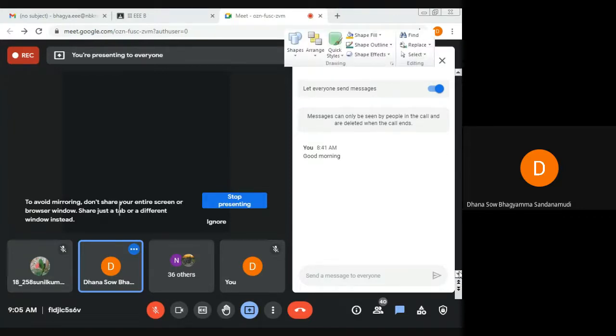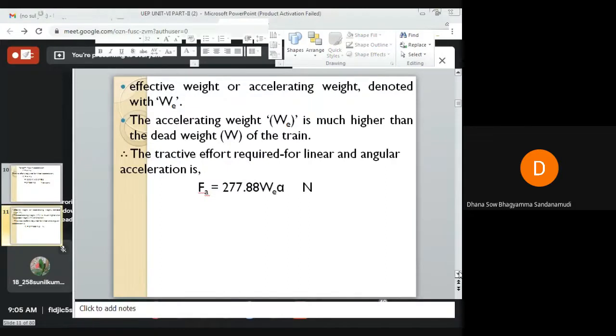Let us denote that effective weight as We.